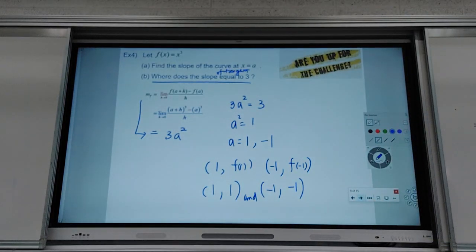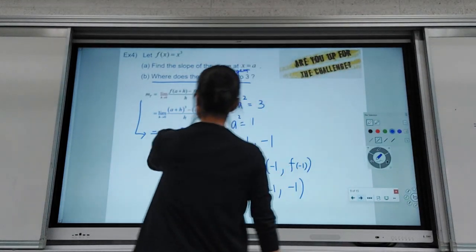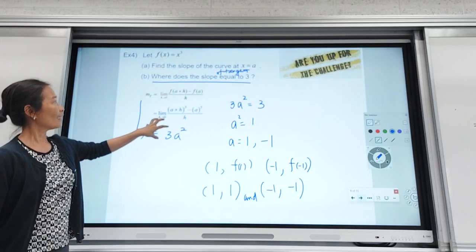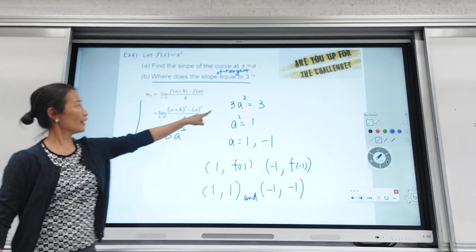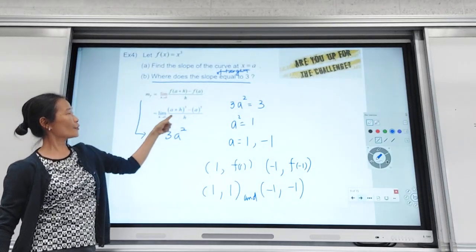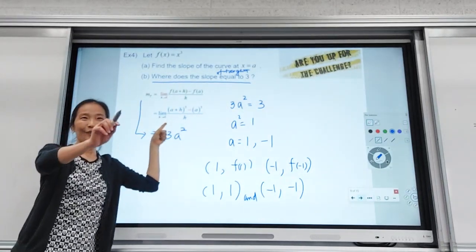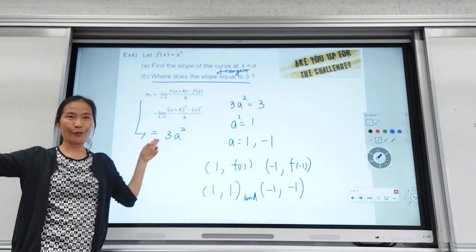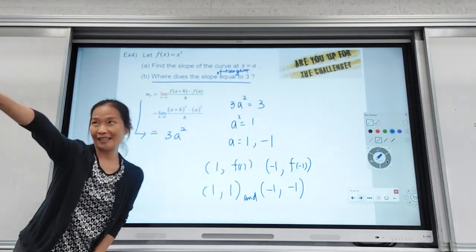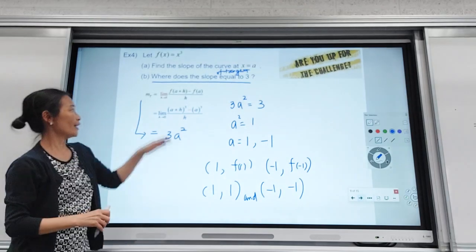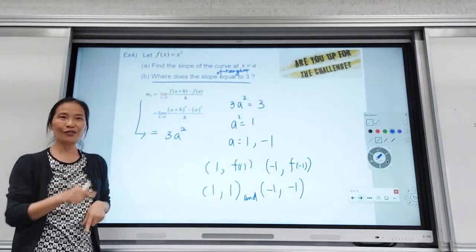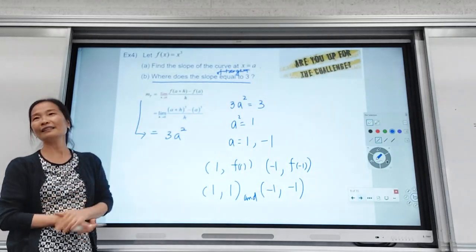How did you come up with 3a squared equals 3 again? This one? Yeah. This one you have to expand and simplify. You guys did the square root, so you didn't go through this process. The other group did that, so you have to expand the sum of cubes, cancel h, and substitute in to find that.